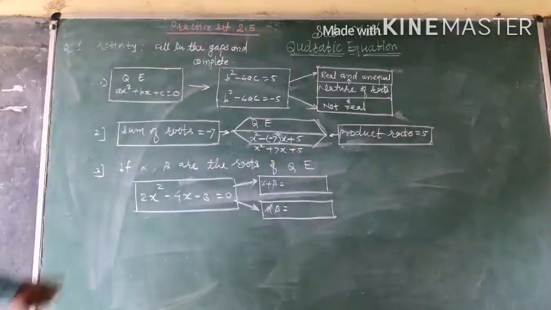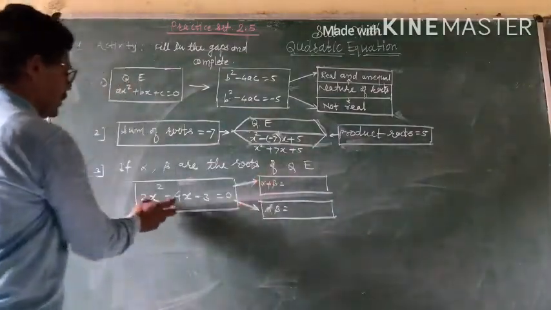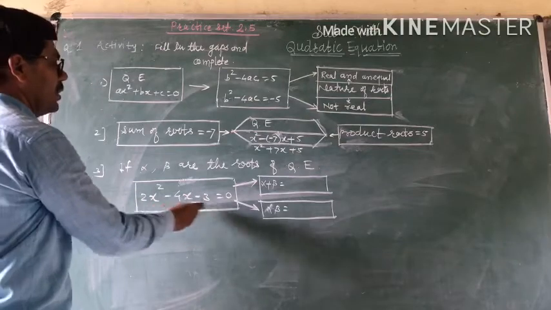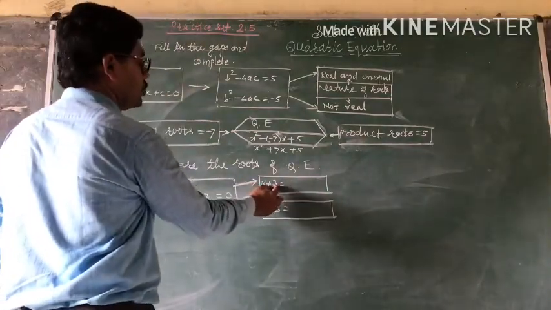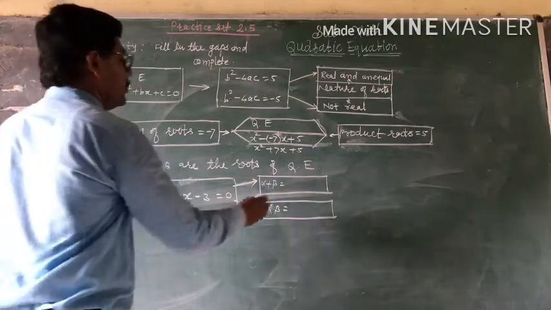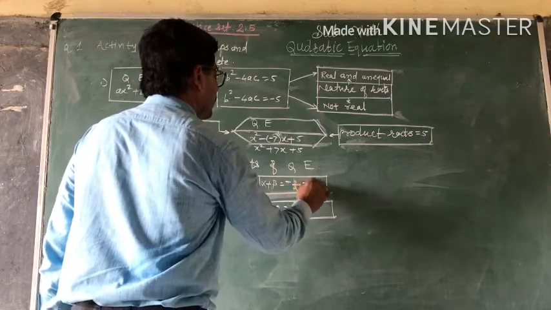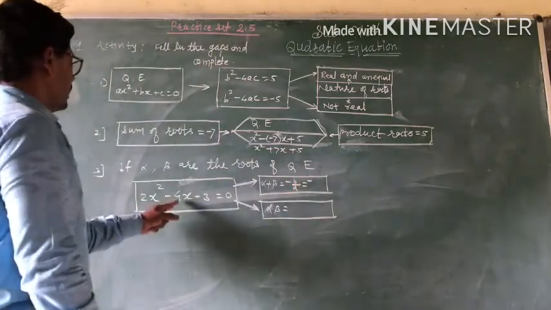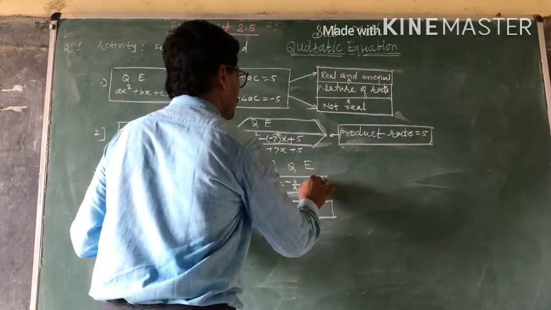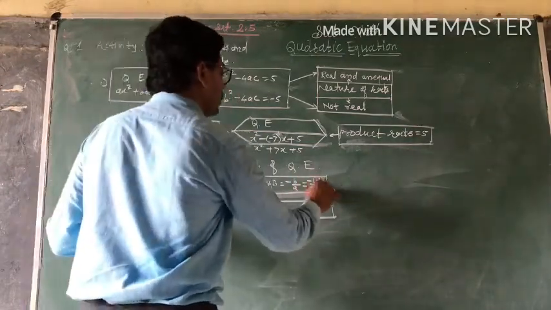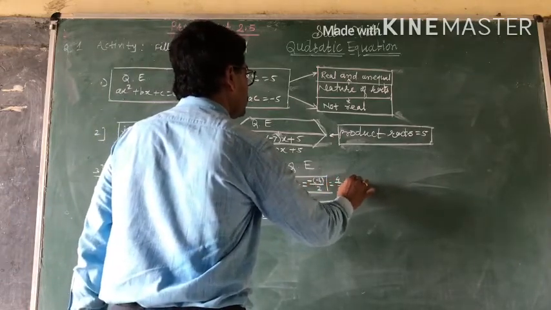And the third one: alpha and beta are the roots of the given quadratic equation. What is the value of alpha plus beta and alpha into beta? We have to find the sum of the roots. You know alpha plus beta is equal to minus b upon a, and the value of b is minus 4, a is 2, so it is equal to 4 by 2, which is 2.